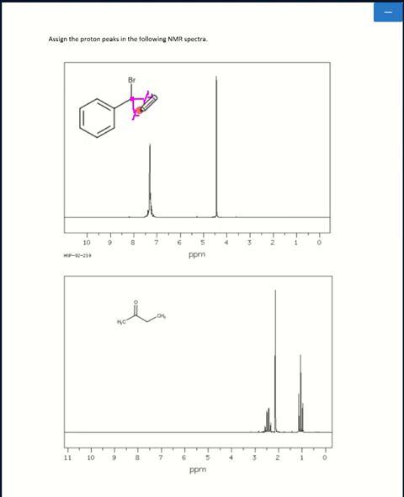Now then, on the benzene ring, most carbons of the benzene ring have 3 bonds that are being shown. Take this carbon for example: it is double bonded to 1 carbon and then single bonded to another carbon.